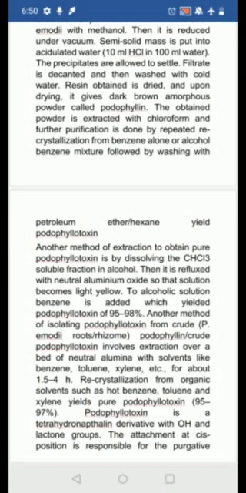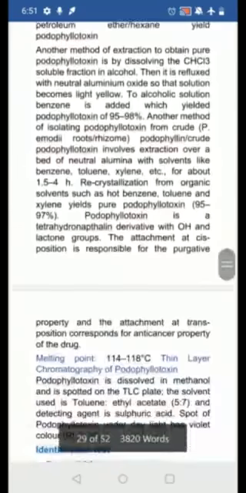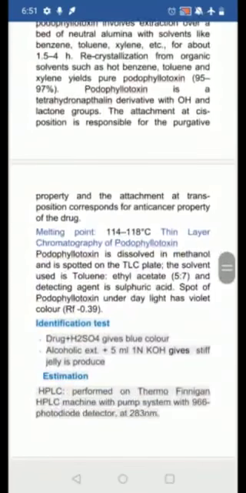You can go with another method. In this method you are going to extract over neutral alumina, with a solvent like benzene, toluene or xylene, by using column chromatography. Again for the recrystallization you are going to use benzene or toluene to yield the pure podophyllotoxin.